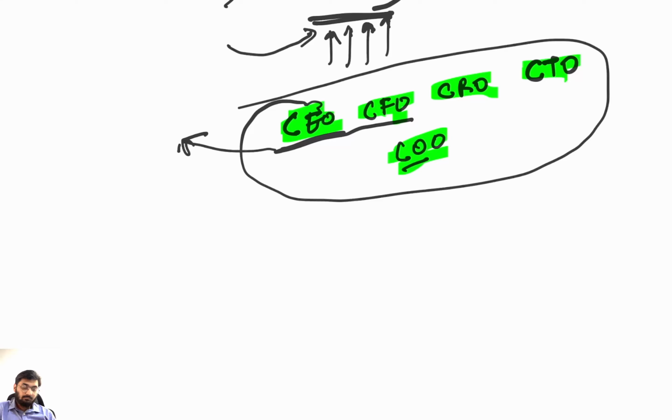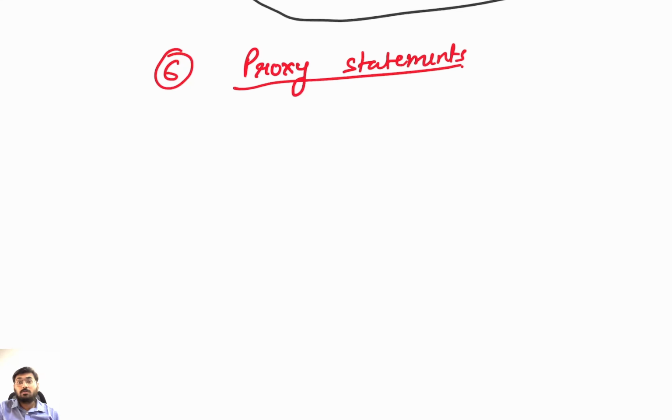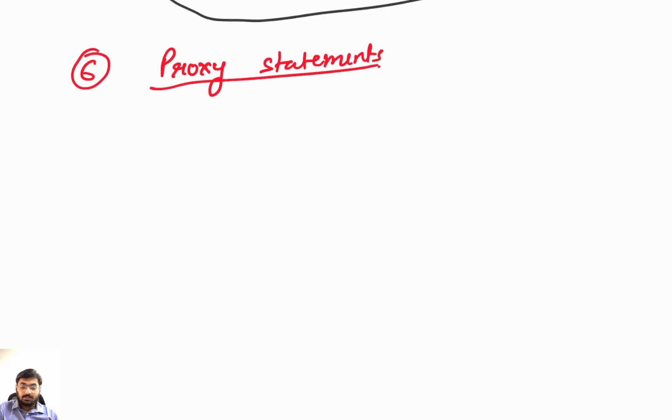Clear? Write down point number 6, that is proxy statements. Write down shareholders' right to know.